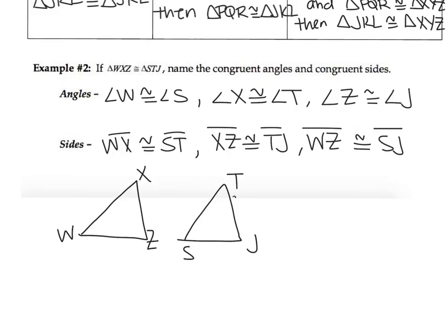When I named them, I made sure to start in the same place in both triangles. So then I know corresponding angles in each triangle have to be congruent, and corresponding sides as well. If I look at my two pictures and the way I listed out my corresponding angles and sides, my congruent statements match with the way I've labeled and drawn my picture.